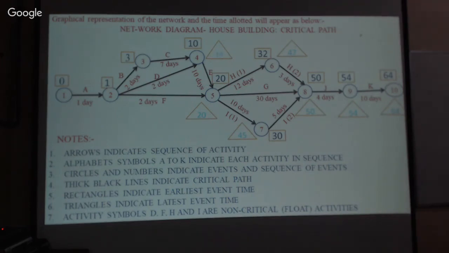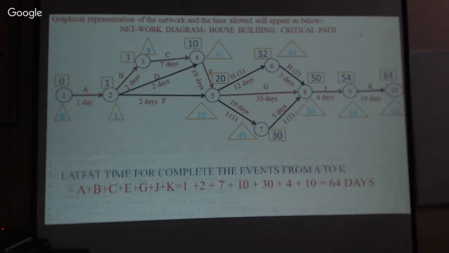Similarly, 10 minus 7 means 3, and similarly 10 minus 2. But 3 minus 2 is equal to 1. Now similarly, at the end we are going to get 0. Now this is how we have to calculate the earliest time and starting time.